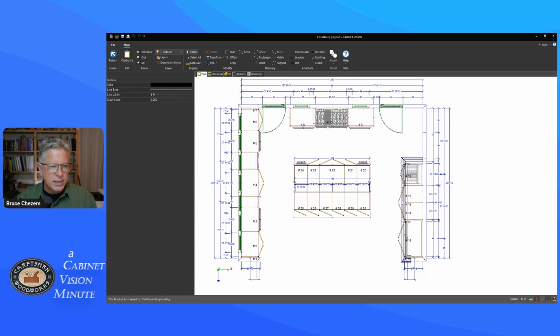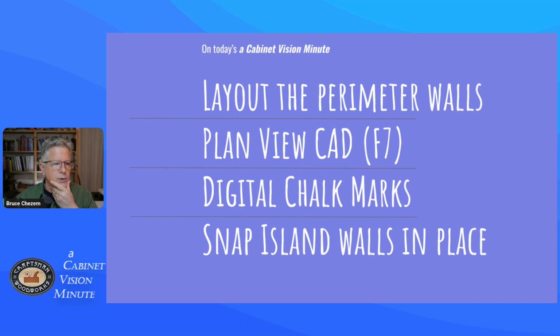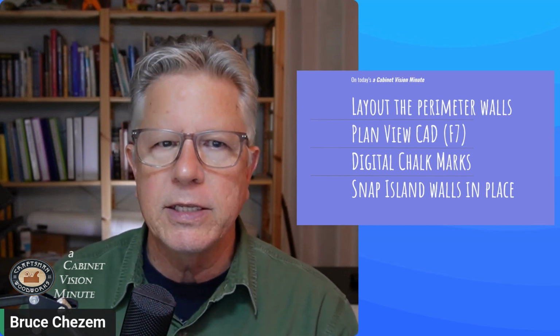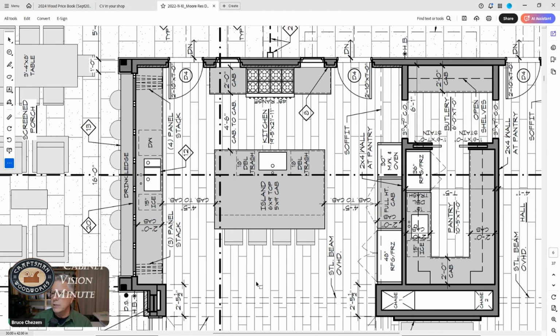All right, let's look at a game plan for this. I'm going to lay out the perimeter walls for the kitchen first. According to what the architect has shown me, I've turned this on its side, but this is the same orientation of the kitchen that I'm going to lay out.